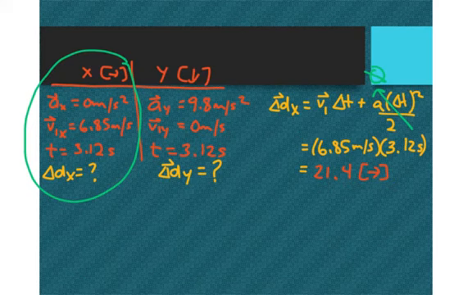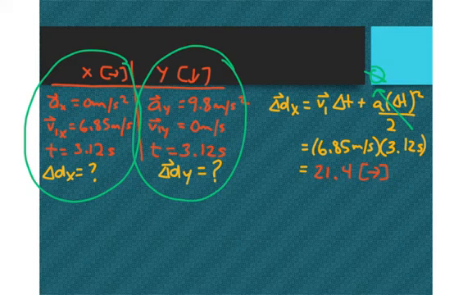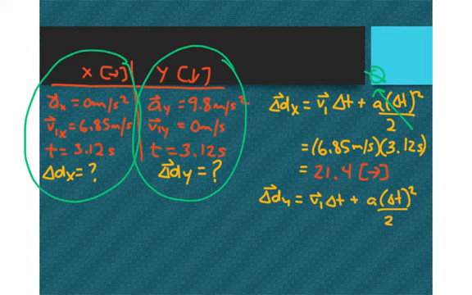The second part, we're going to look at that y. So again, we're going to choose an appropriate equation, and we can actually use the exact same equation, substitute and solve. So I'm going to use the same equation. Again, I can go back and see if there are any zeros that will simplify, and v1 is a 0, so that means that whole thing will become 0, and then I can substitute in.